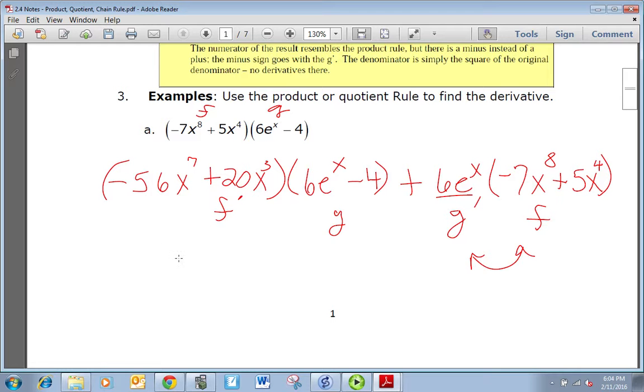And you could also technically take this whole thing and this whole thing and swap those because addition is also commutative. So as long as you are taking the derivative of one times the other and adding it to the derivative of the other times the first one, then you're using the product rule correctly. So it's kind of hard to mess up.